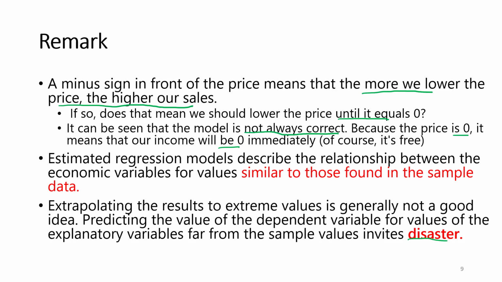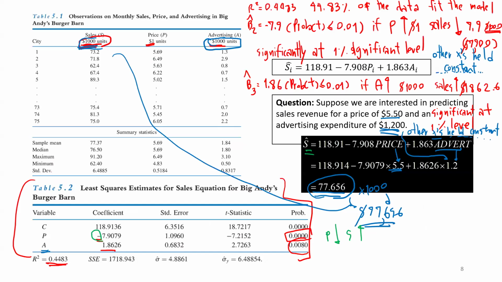Okay, so this is multiple regression. What is the difference between multiple regression and the simple regression that we have learned previously? First of all, the difference is interpretation. You have to add "other X held constant."